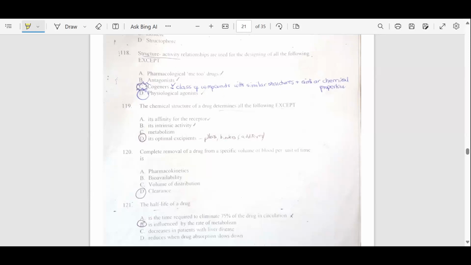What's the meaning of, for choice A, pharmacological Me Too drugs? I haven't come across that before, but I think they're referring to drugs which work on the same receptor, not exactly the same mechanism of action.